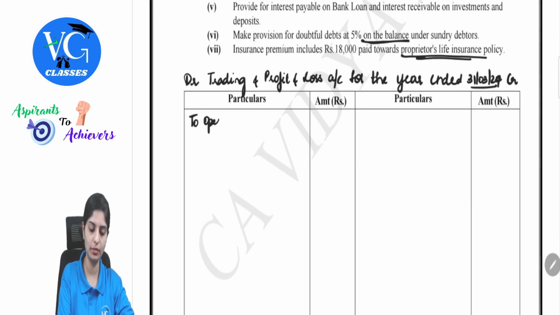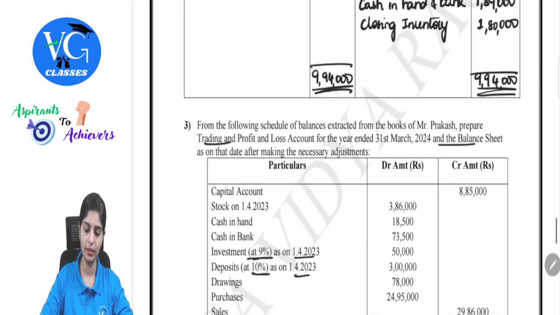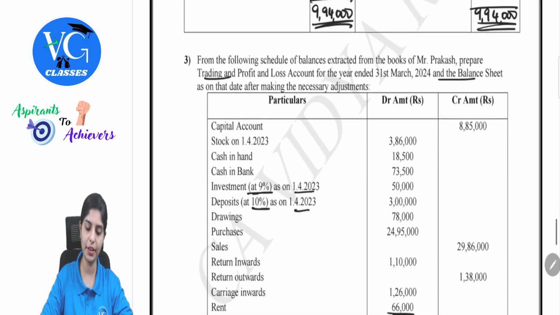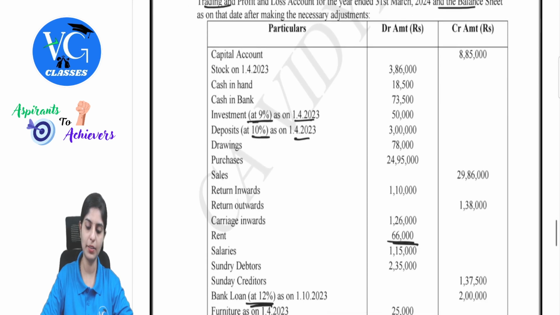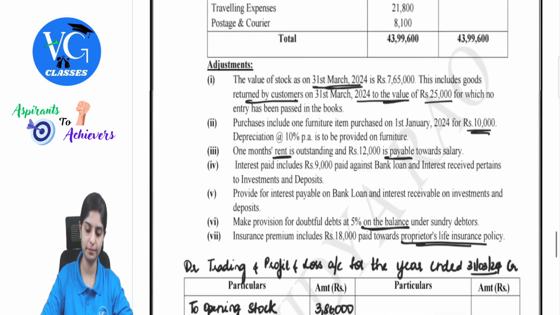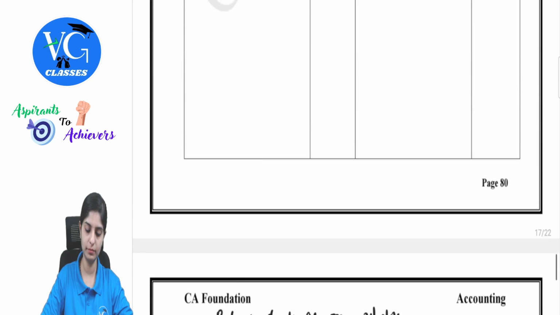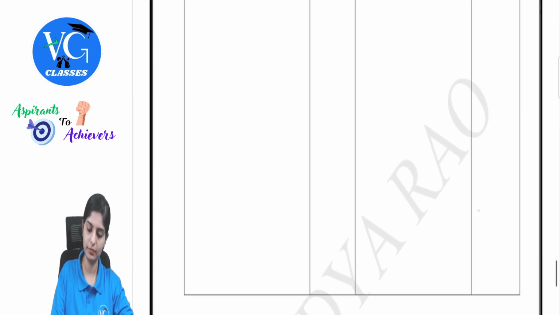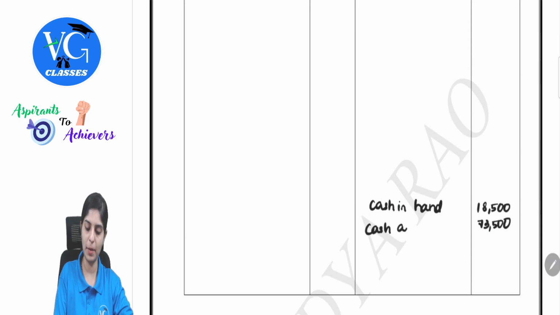Trading account, to opening stock, 3,86,000. Then cash in hand, 18,500. Cash in bank, 73,500. 18,500 and 73,500. What is this? Cash in hand and cash at bank.